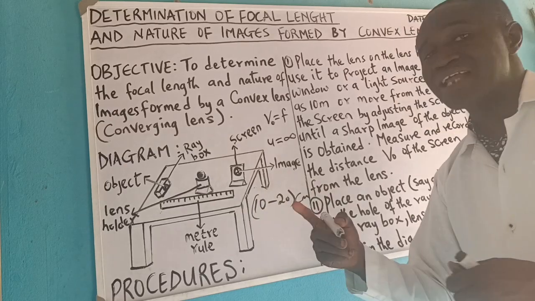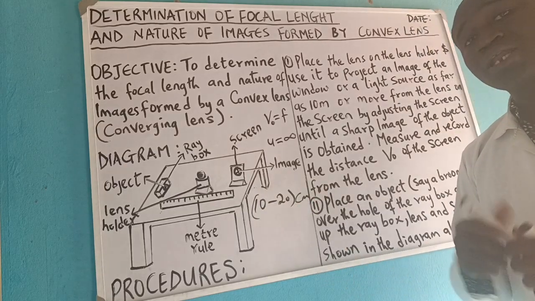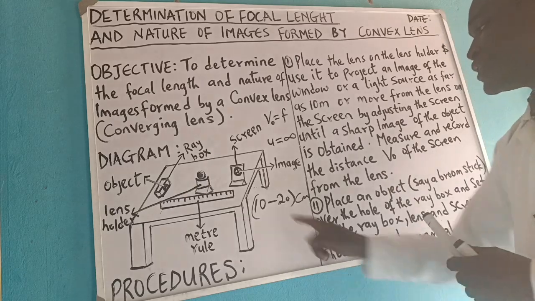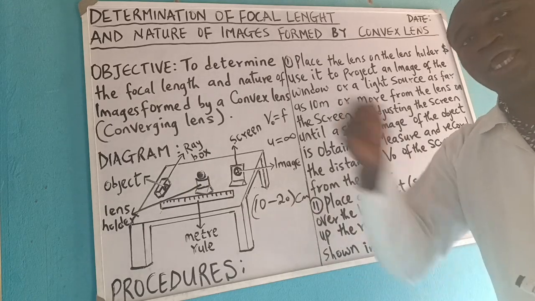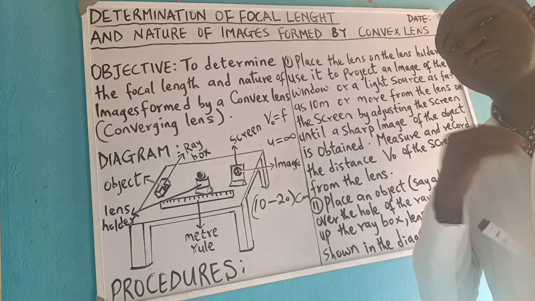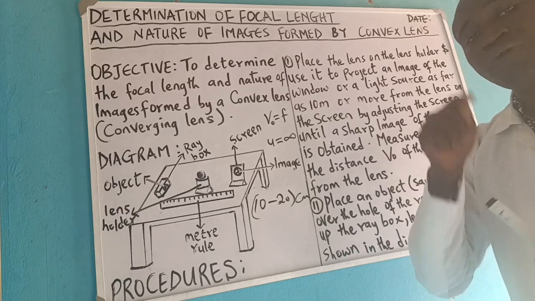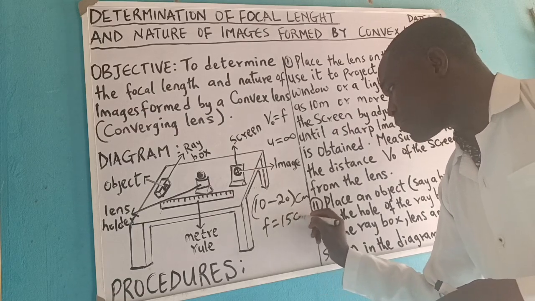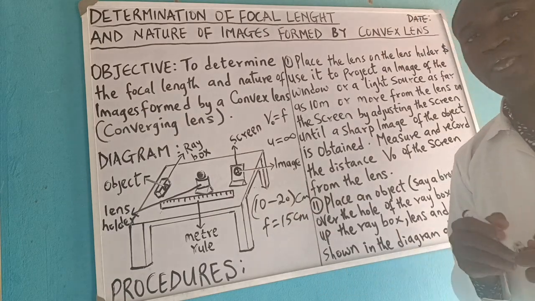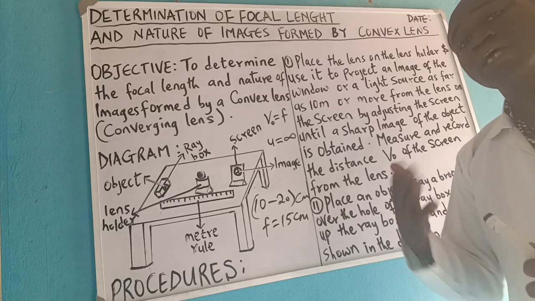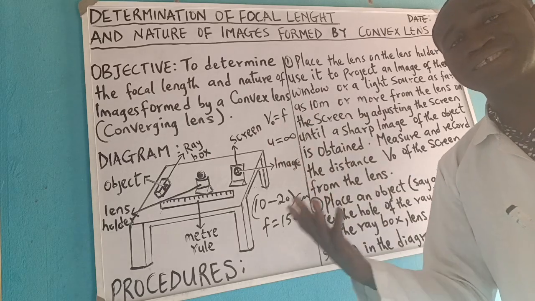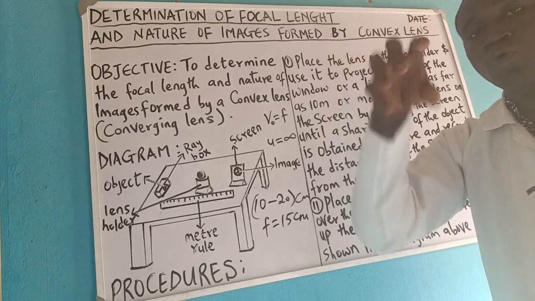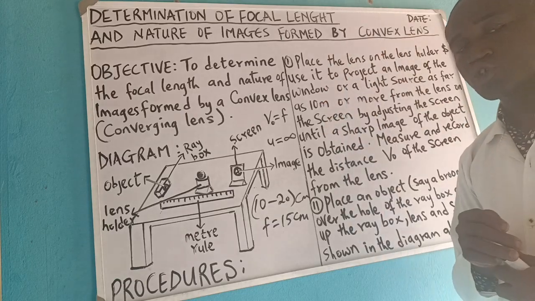It has a wide range depending on the lab you are in, or depending on your school, so to speak. In the lab here, the focal length of our convex lens is f equals 15 cm. That is the one we are making use of in this lab. In some other labs, they make use of 10 cm. You understand? So try to note the one your school makes use of, so to speak.